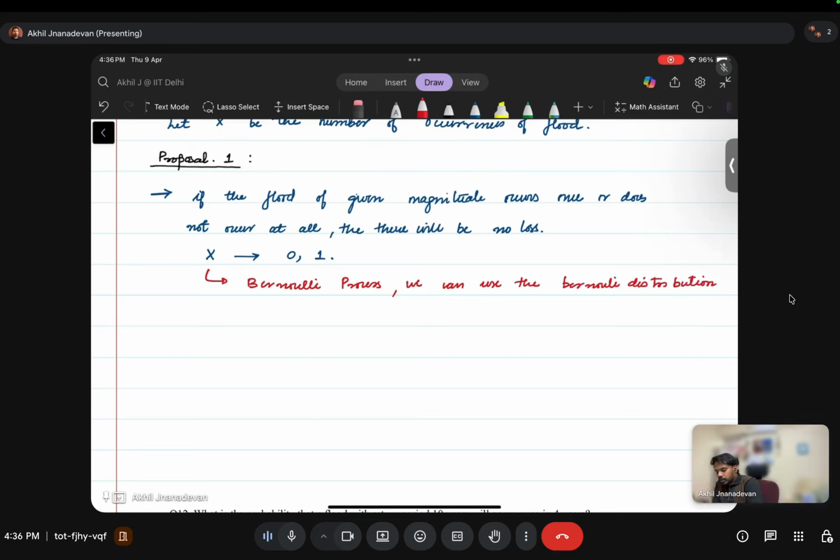To define the distribution, we need to find n, p, and x. These three things, if you know, we can apply the distribution, right?